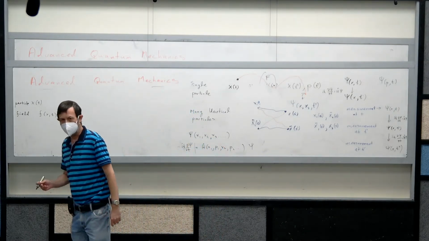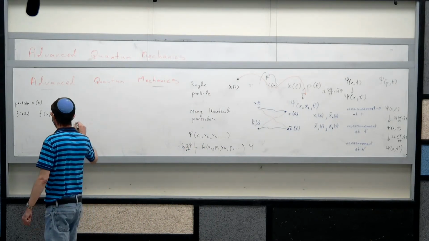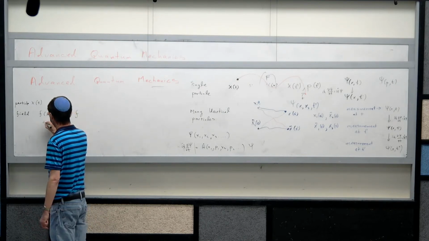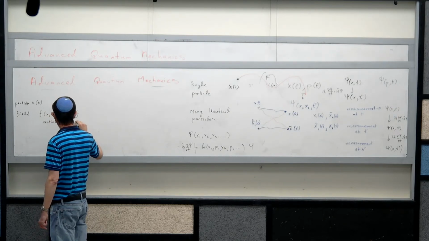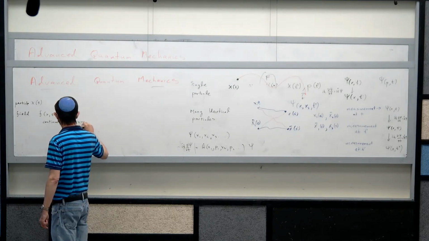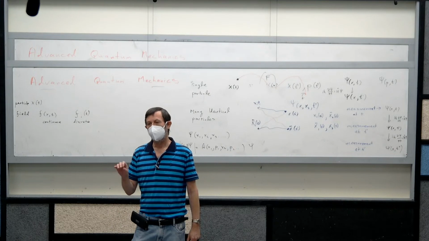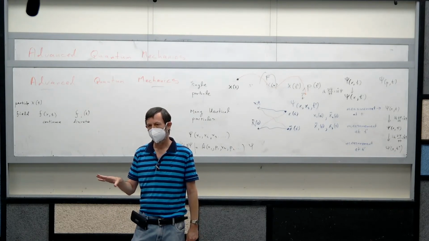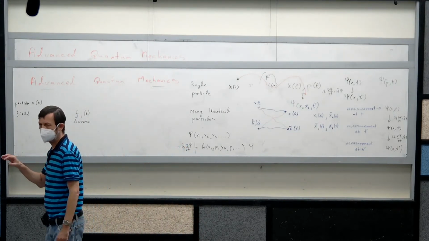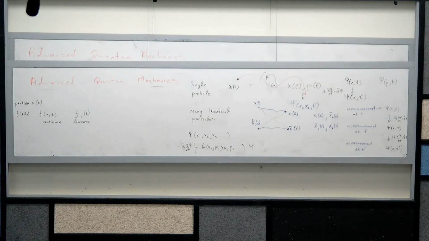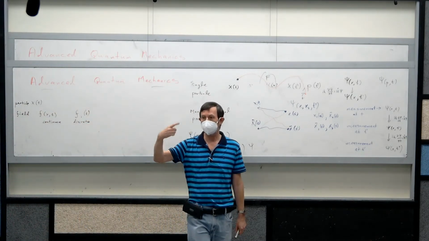Therefore, sometimes, instead of looking at a field that has to provide me with an infinite number of values for each point x in the real, instead of x I have just a countable index.